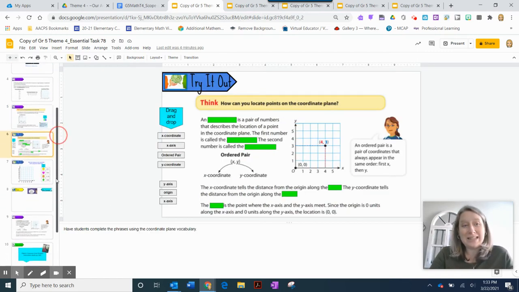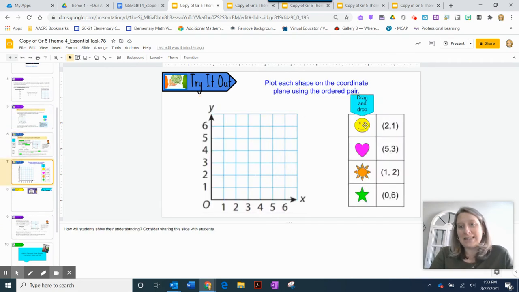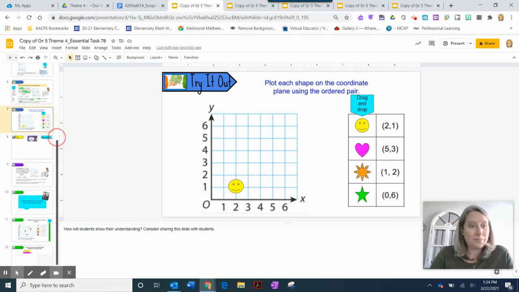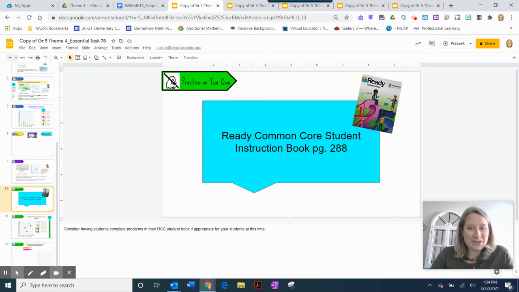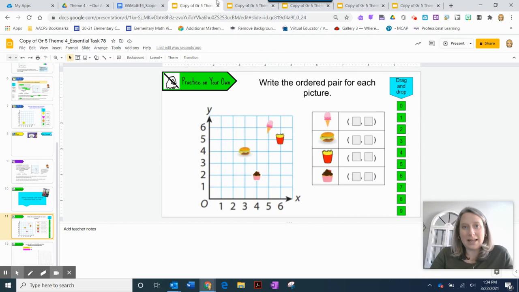This first one is a lot of vocabulary, and then practicing how we can plot some of these images on the first quadrant of the coordinate plane. There's some practice here. You can use the Ready Common Core book, as well as some practice items.